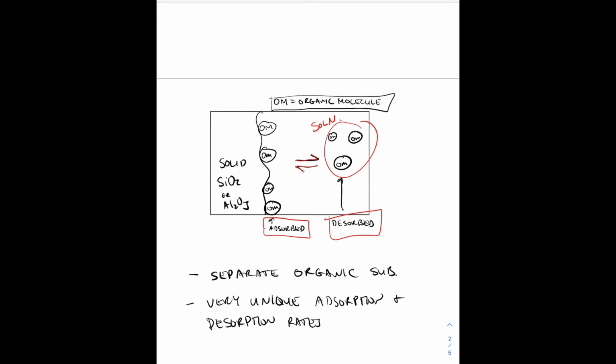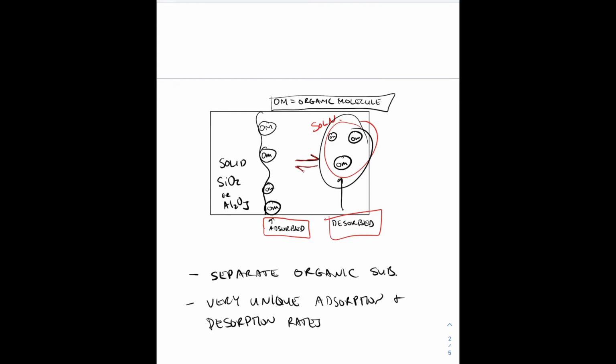And so they travel through that solid phase at a different rate. And since they all travel at a different rate, it forms a separation of organic molecules.